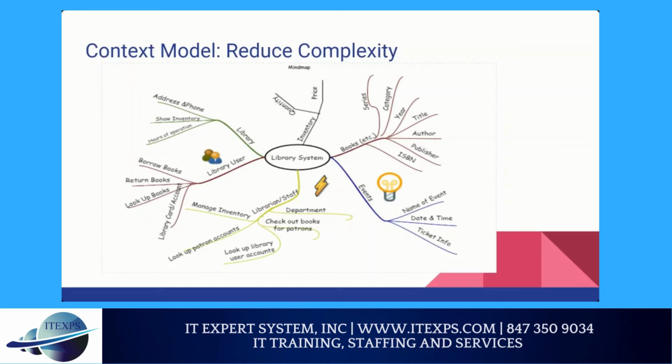At the center, we have the library system, which connects with several key areas like books, events, staff, library users, and inventory. This context diagram helps us to visualize and streamline the library's processes.